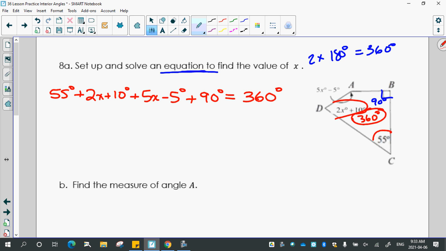And then we can use like terms. So we've got an angle, and then 2 terms that have x in.